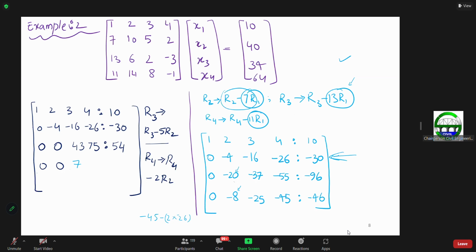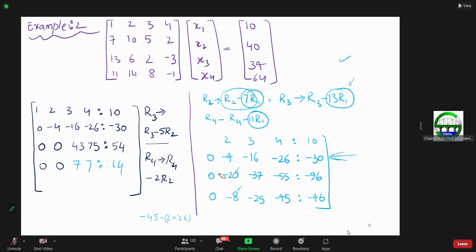It will be equal to minus 45. Oh, it is 7. It should be 7 in here. 7, and then what should it be in here? 14, right? So we have now our last step.